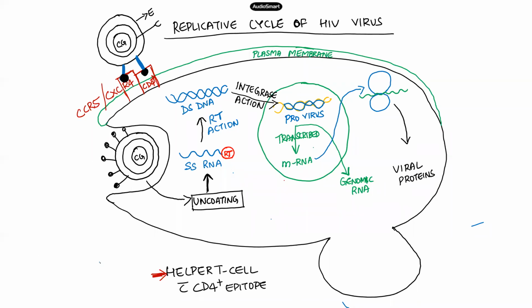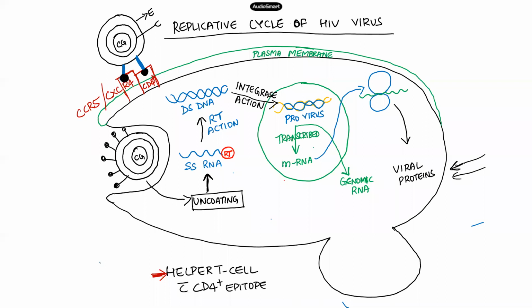Now, there are a number of steps that happen at this particular juncture, and this is a place where the genomic RNA and the viral proteins are matured to form virus particles.